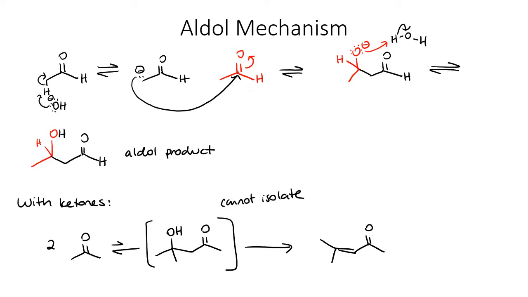So while the aldol product cannot be isolated, the heat involved in the reaction will push the equilibrium towards the formation of our conjugated ketone. So this condensation product is capable of being formed. Again, that's because conjugated products are going to be much more stable than the initial ketones, and that will push the equilibrium towards forming this particular product.